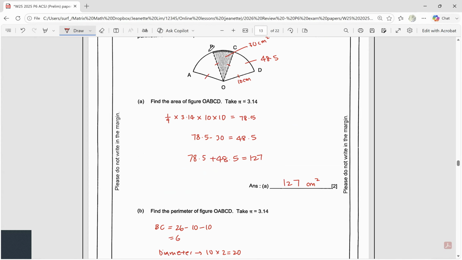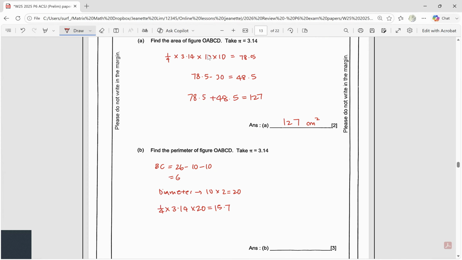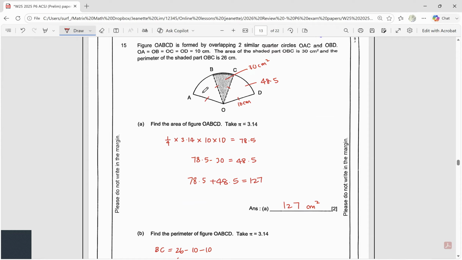Now arc AC is 15.7, BC is 6. So arc AB would be 15.7 minus 6. 15.7 minus 6 gives us 9.7.